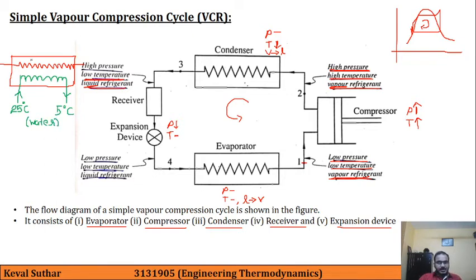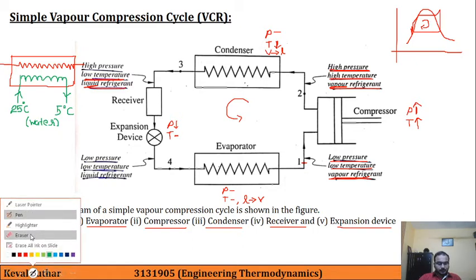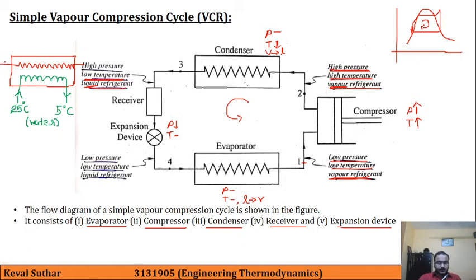So what happens here is the liquid refrigerant is entering at low pressure and low temperature, and it is converted into vapor. So there is a phase change from liquid to vapor, and this is for refrigerant. Let me write down, this is refrigerant.